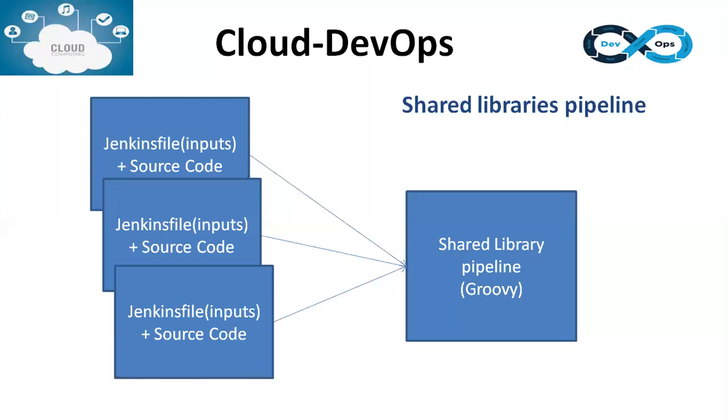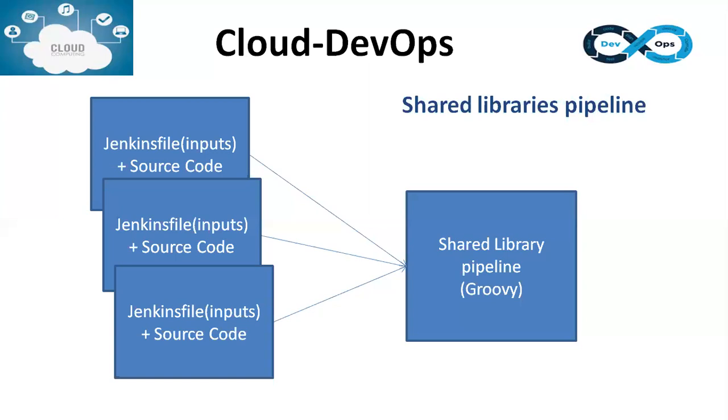we create the common script and keep it in a separate repository, so that all the 100 repositories can utilize this Jenkins pipeline and do their code, build, deploy activities. That is what is called shared libraries. In shared libraries, you can invoke a declarative pipeline or a scripted pipeline, or you can implement OOP concepts of the Groovy language.